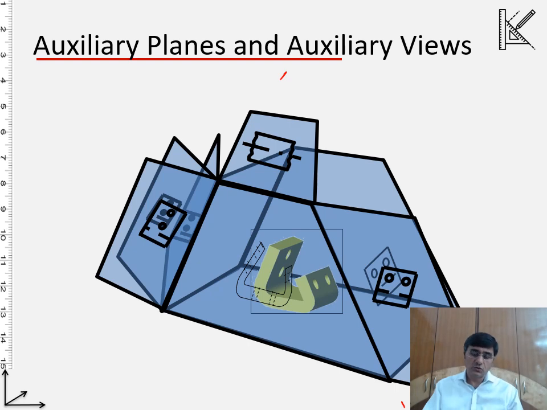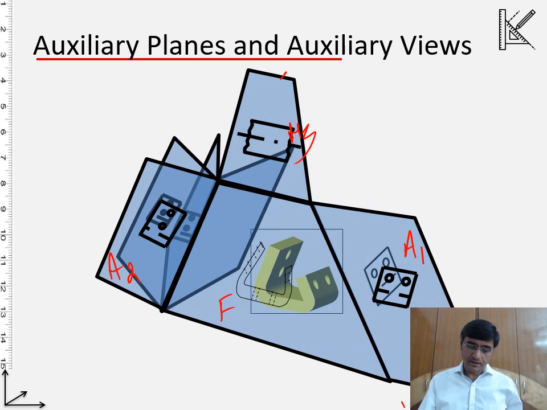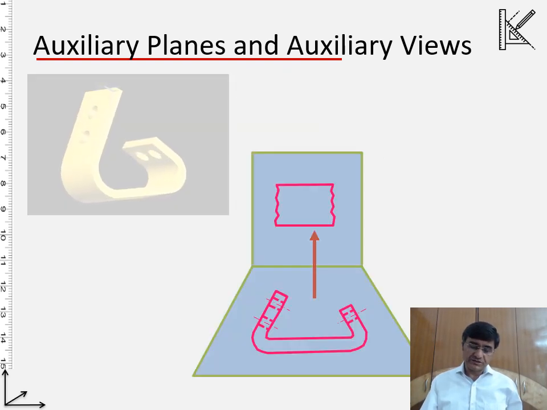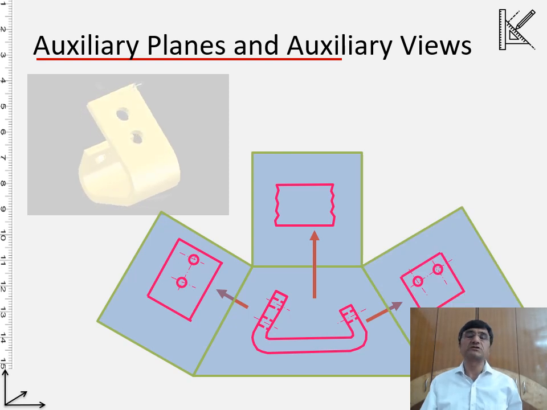So once all these are opened, that means A1, A2, F and the horizontal one, this one was A1, auxiliary 1, auxiliary 2, and this is F. Now all these are in a single plane. Okay, so that is how the representation will be on a single plane.